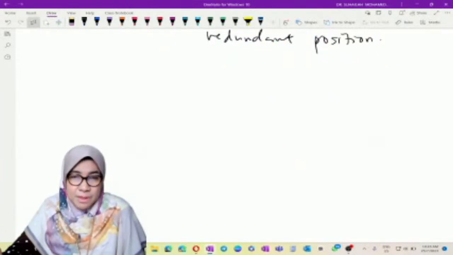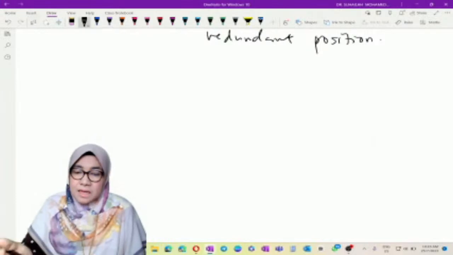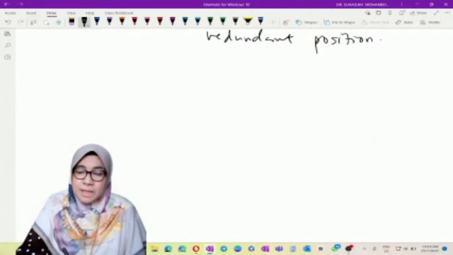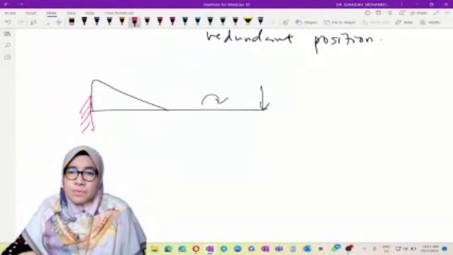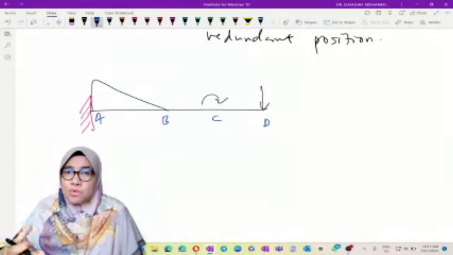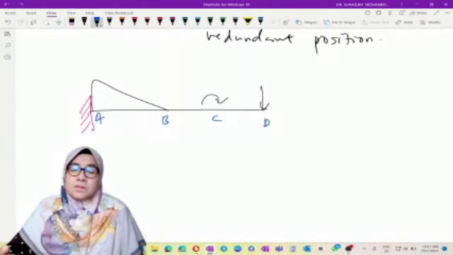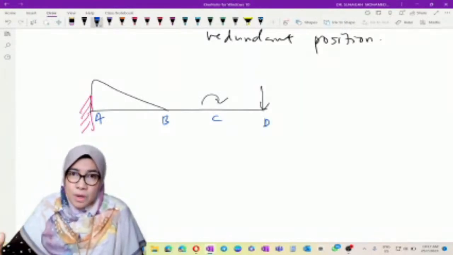In order to get a cantilever beam, we remove the roller at C. This is A, B, C, and D. So we remove the roller, and the reaction at the roller is CY.